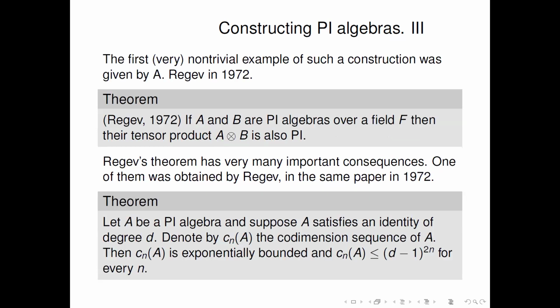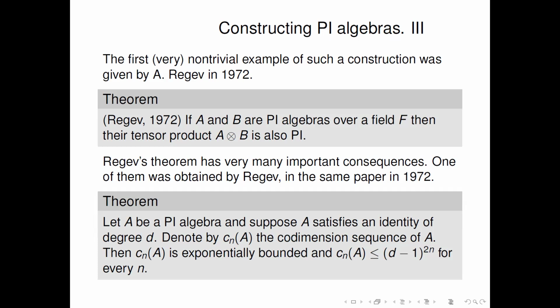And another, rather non-trivial construction was given by Regev in 1972. Regev proved that if you have 2 PI algebras A and B over the field F, then their tensor product is also PI. And this theorem has very important consequences. One of them was obtained in the same paper by Regev, which says the following.